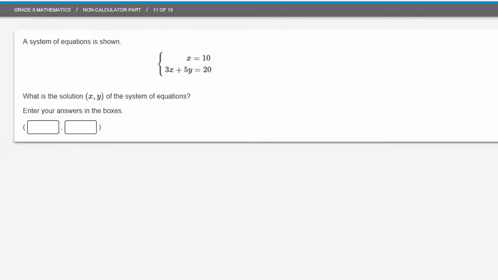Now, this problem is a system of equations problem that's really dumbed down, because x is equal to 10. So you know already that x is going to be 10. Then, if x is equal to 10, we need to figure out what y is equal to. So let's plug in 10 for x and solve for y.